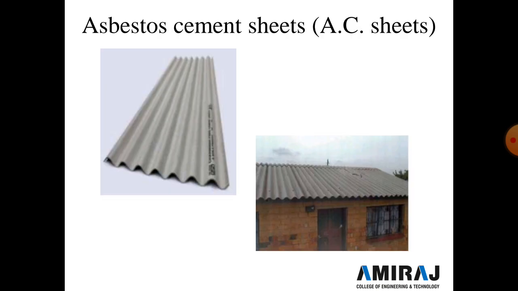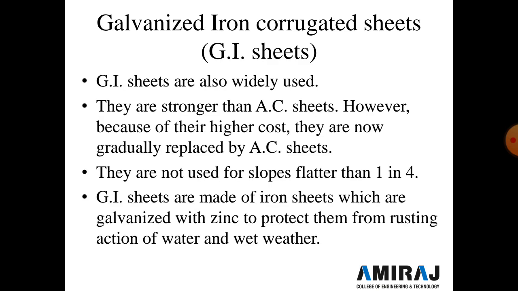These types of sheets are generally used in residential buildings. Now the next type of sheet is the galvanized iron corrugated sheet.